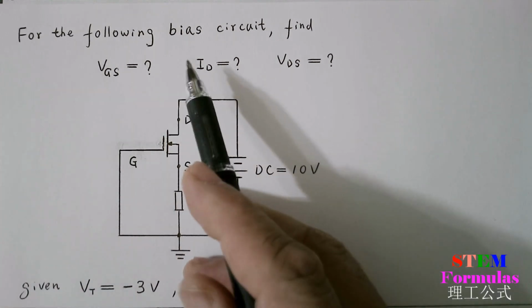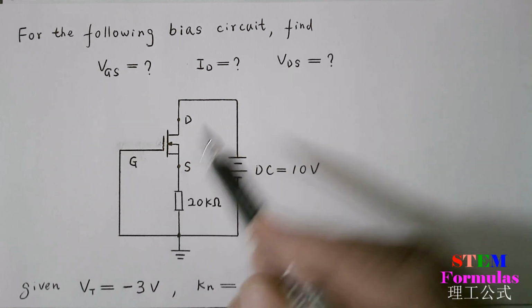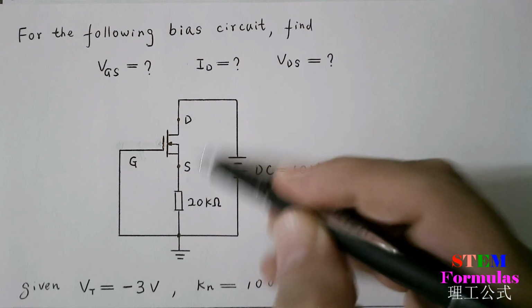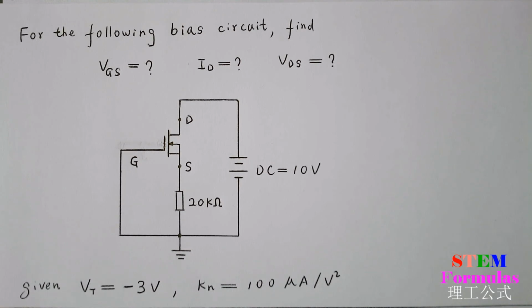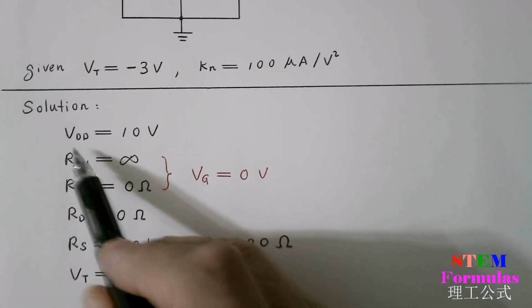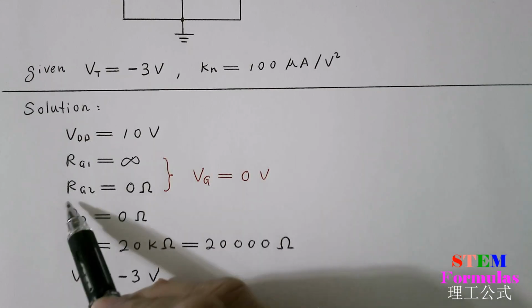For the following bias circuit, find VGS, ID, and VDS. And given VT threshold voltage minus 3 volts, Kn equal to 100 microamp per volt square. So solutions. We have VDD equal 10 volts, RG1 is infinite, RG2 equal 0.